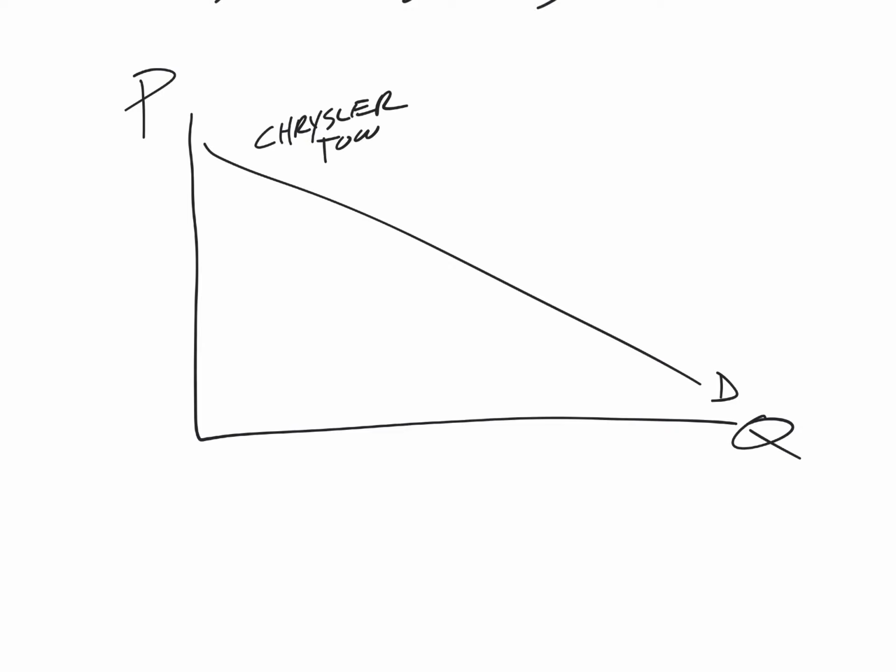So here's the demand curve. And here at the top is the Chrysler Town and Country. That is for people with high reservation prices. Here in the middle is the Dodge Caravan. Dodge.